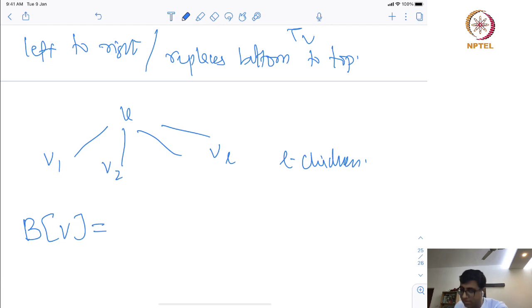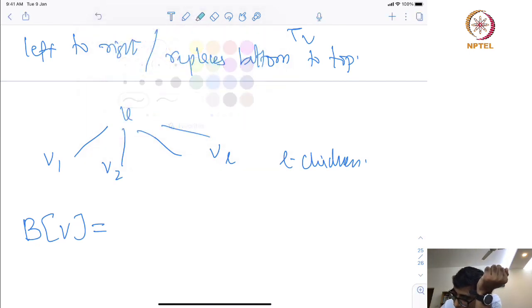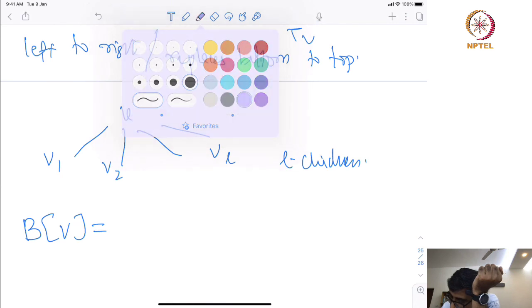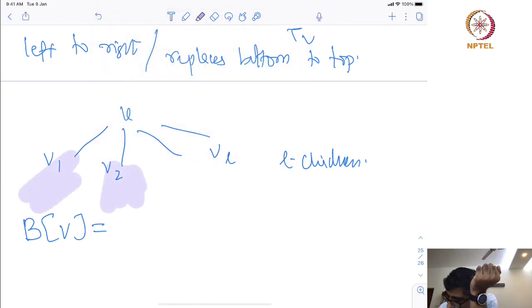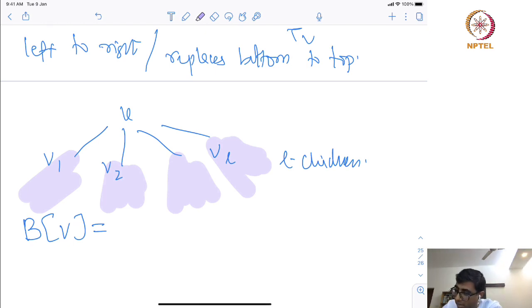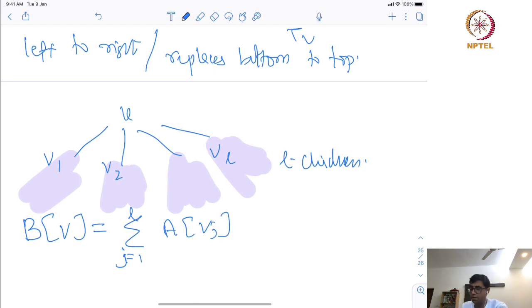It is the maximum weight independent set that does not contain V. It means it should be the maximum in each child's subtree. So B of V is simply the summation over j from 1 to L of A of Vj, which we have already stored.